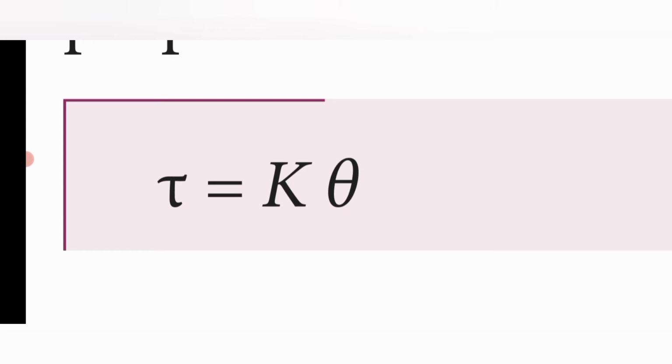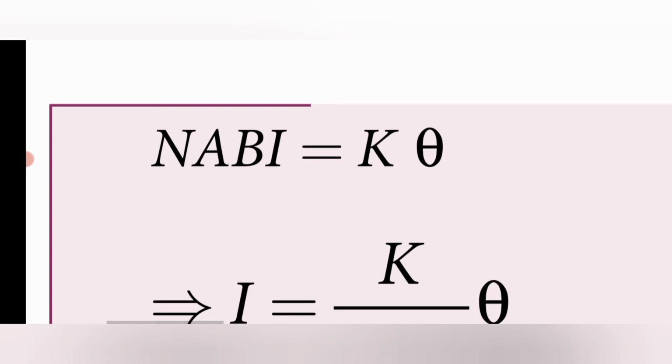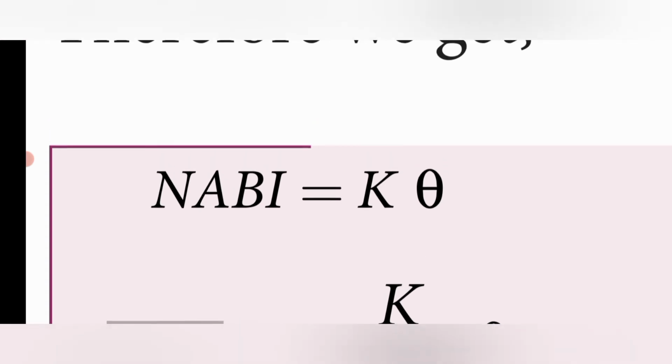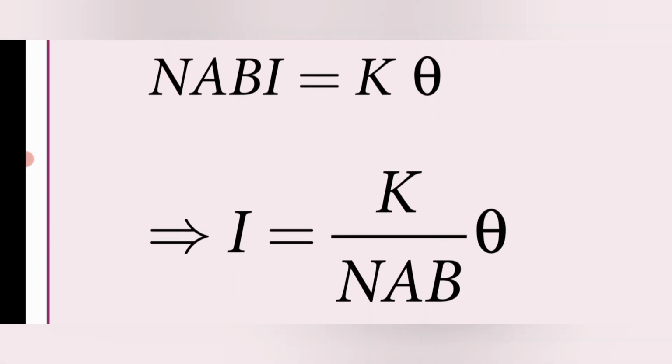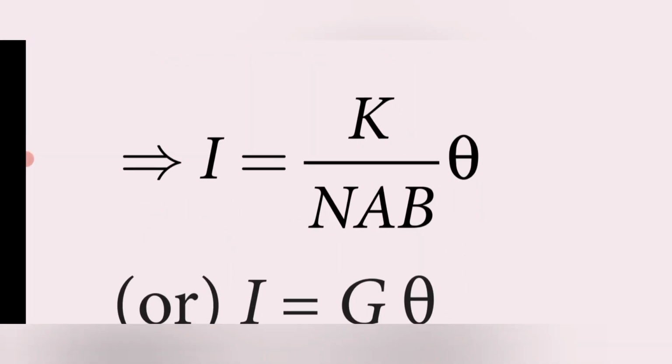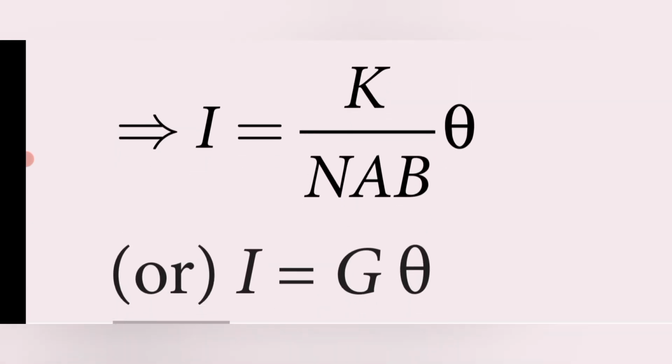Next, the two torque values can be equated. Torque is equal to NABI, and torque is also equal to k theta. Equate these two equations and finally you will get the I value. So I is equal to k by NAB theta, where k by NAB is a constant.